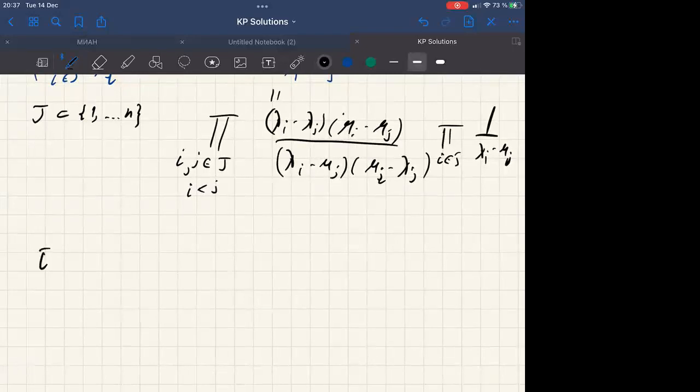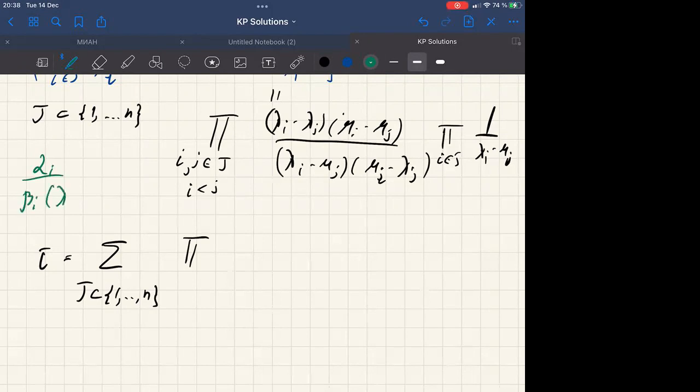And finally, our function will be just the sum over G from 1 to n. Let us call this alpha E beta E alpha E minus mu E equals C, and this will be CI.